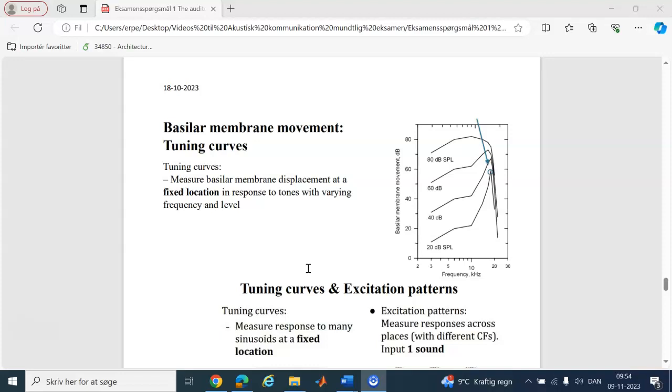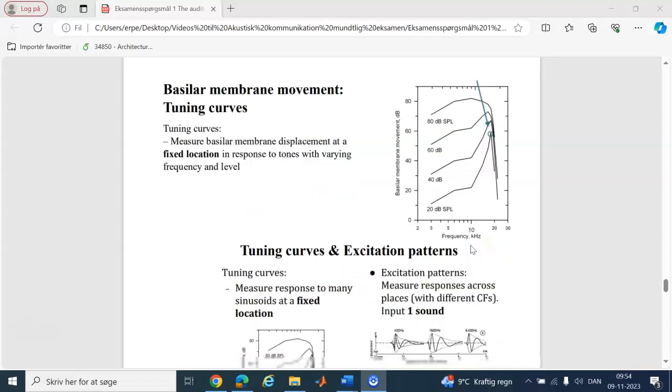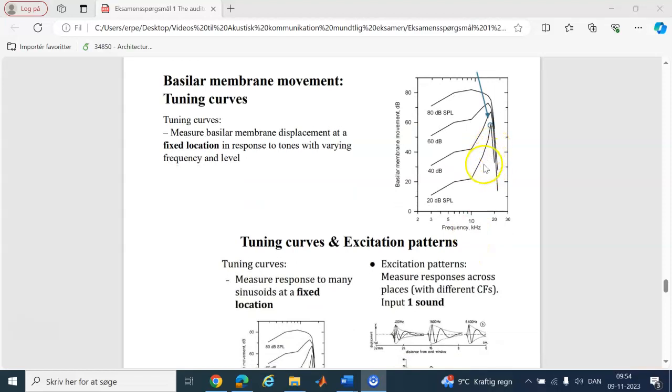At 20 dB there is a sharp spread to the smaller frequencies, and a higher level is less sharp, with the frequency spread to the low frequency side.